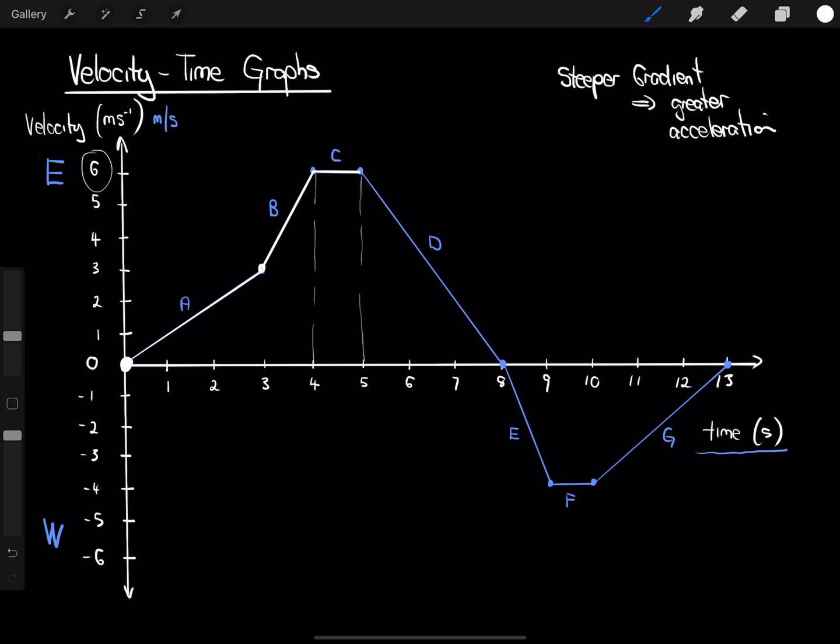And therefore in that section, the acceleration was 0. There is no acceleration because its velocity is not changing. Remember, the definition of acceleration is the rate of change of velocity over the change in time. If the change of velocity is 0, then by default, the acceleration must be 0.